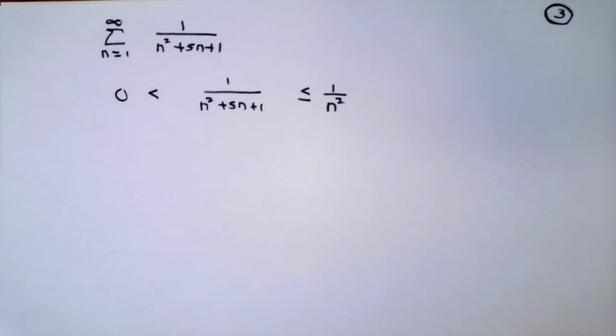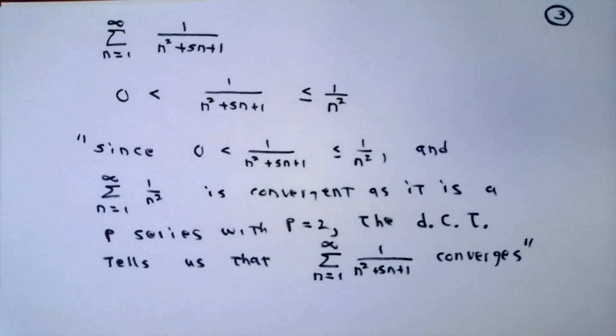We need to be able to write down this kind of thought very precisely. Since 0 is less than 1 over n squared plus 5n plus 1, which is less than or equal to 1 over n squared, and the sum n equal 1 to infinity of 1 over n squared is convergent, as it is a p-series with p equal 2, the direct comparison test tells us that the sum n equal 1 to infinity of 1 over n squared plus 5n plus 1 converges.